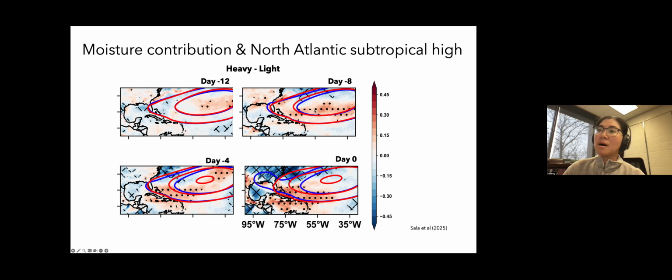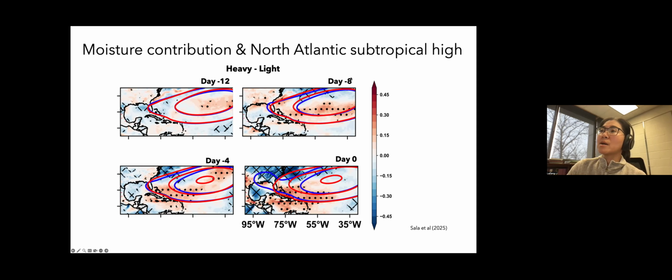And the intensification of the subtropical high starts to show up almost a week ahead. Further than that, there are no significant differences in the subtropical high circulation systems.